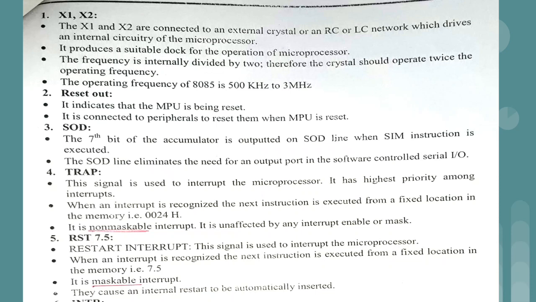Basically, the X1 and X2 pins handle the internal circuitry. That is possible because they are carrying some signals, or some current, or some frequency, because of which the circuit will be balanced.